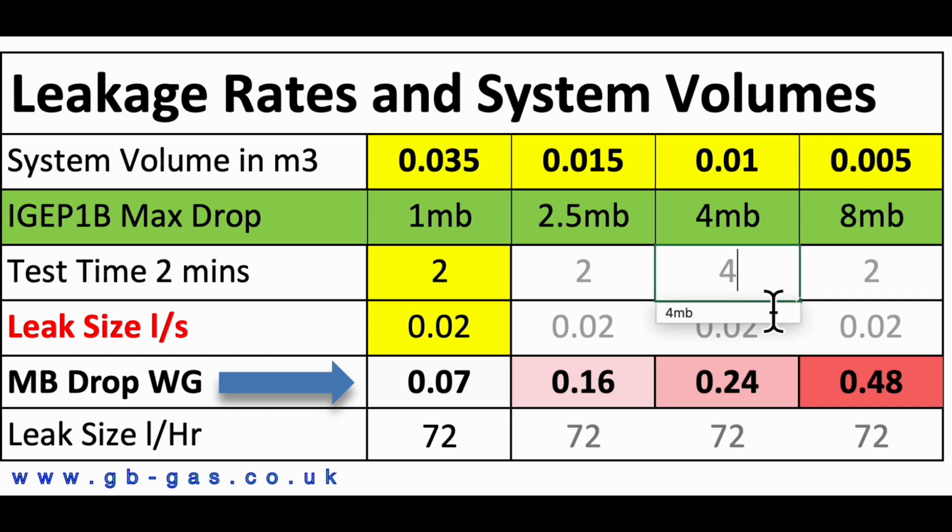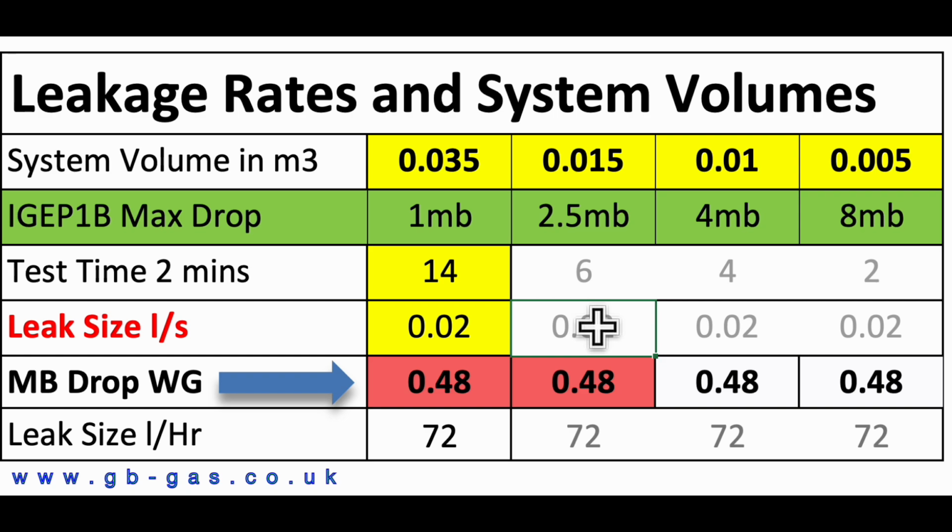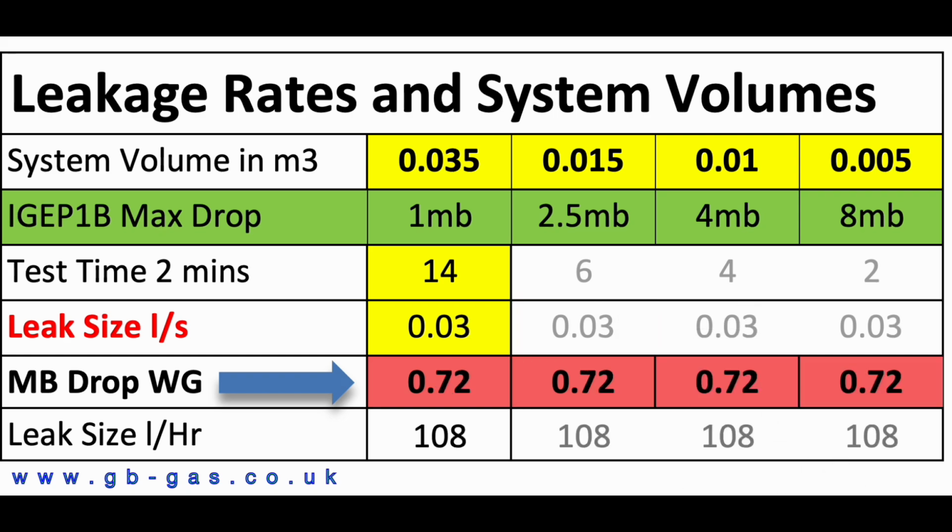So if I change that to 4 minutes, then you'll see that my drop on the water gauge would be the exact same now. And then if this system here is 1.5 times bigger, so we'll change that to 6, and again you can see that comes up, and this one is 14, so it's 7 times bigger.